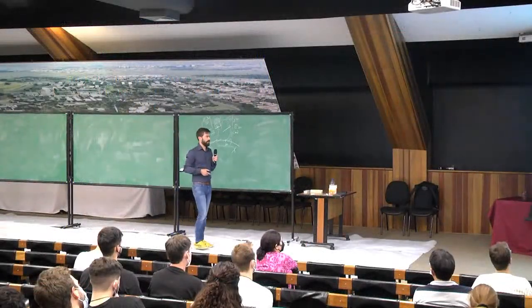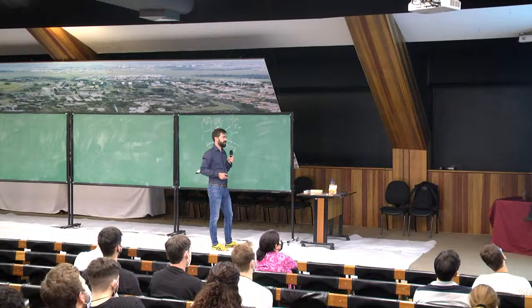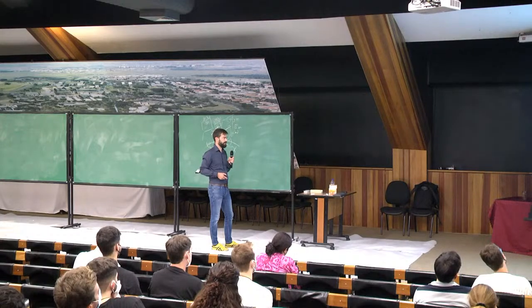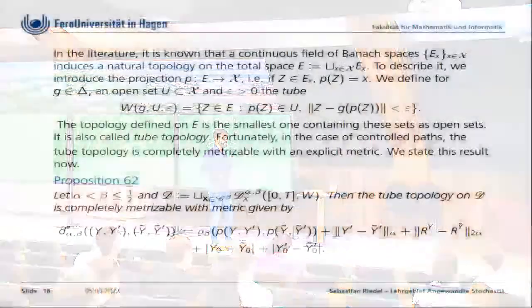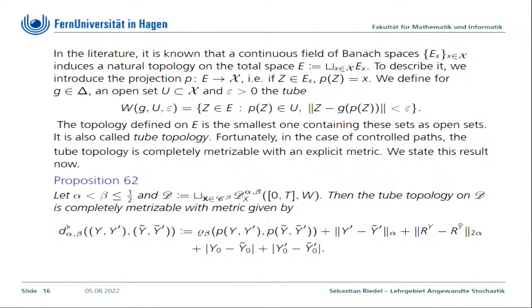And you want to measure their distance. So what you first do is you measure the distance between the corresponding rough paths. So you project them down to the rough path space. There you have the beta metric, and you measure their distance here. And then you take the differences here.